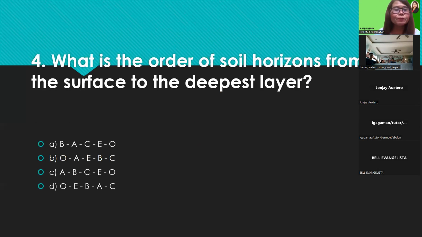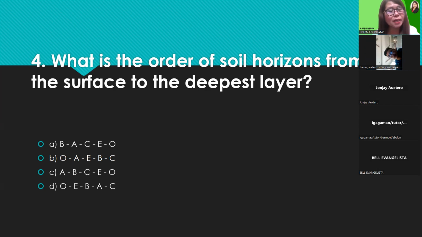Okay. What is the order of soil horizon from the surface to the deepest layer? This is the order, okay? BACEO or OAEBC or ABCEO or OEBAC. Okay.